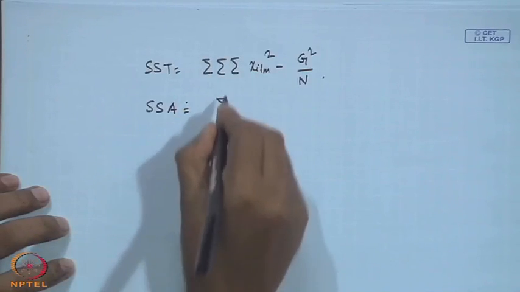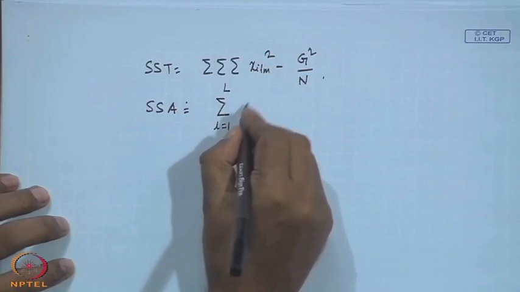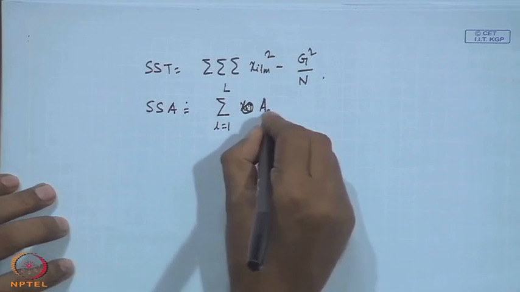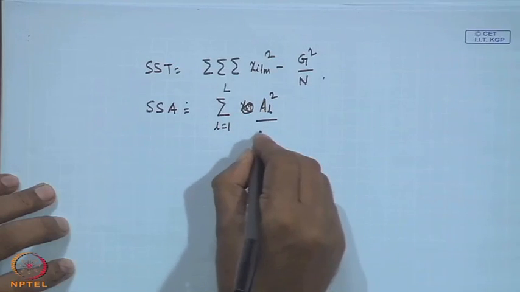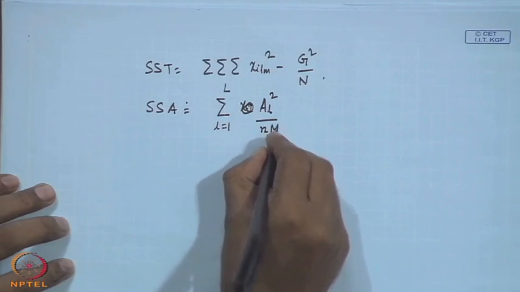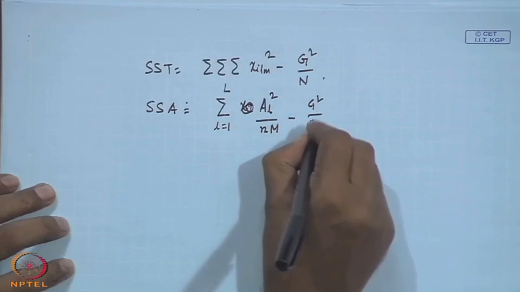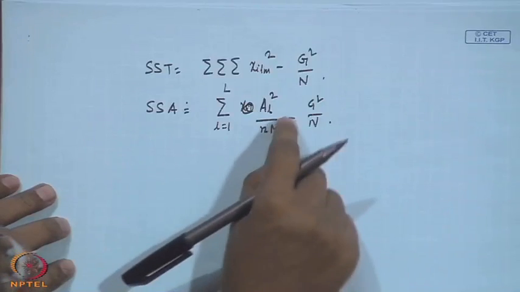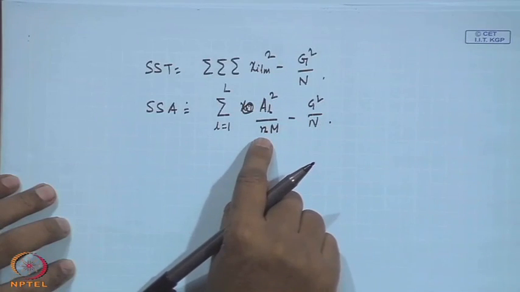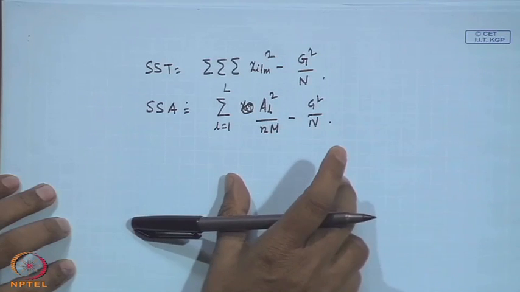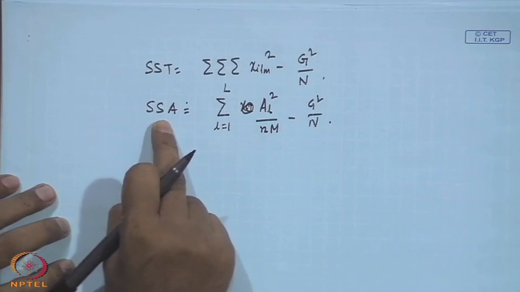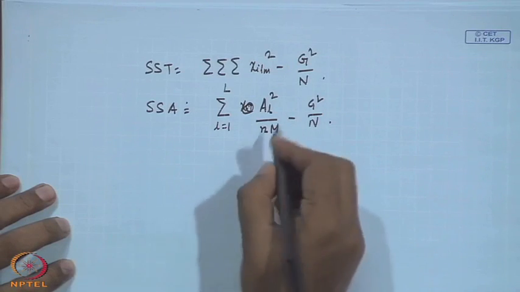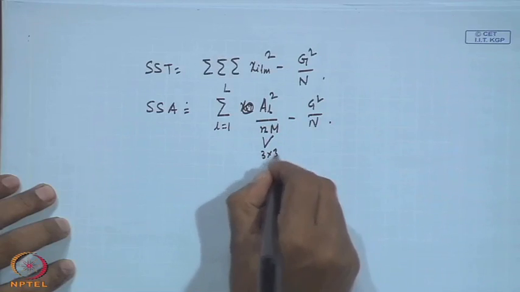So, L equal to 1 to L, and that will be the A_L square by n m minus G square by n, because against each row you are not considering the B factor effect. So, ultimately there are 3 cross 3, 9 observations.